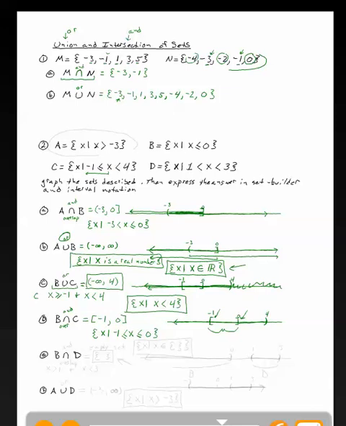B intersect D. So once again, this is the AND or the overlap that we want. And then off to the side I draw my line. And we graph first B. B says x is less than or equal to 0.